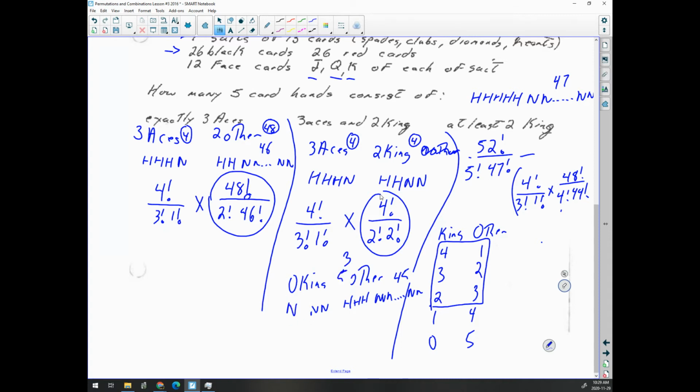I was going up instead of down because I'm looking at these two. So I did 1 and 4, now I have to do 0 and 5. So that means we have 5 others in a hand and 43 not in that hand. So plus 4 factorial over 0 factorial, 4 factorial times 48 factorial over 5 factorial, 43 factorial.